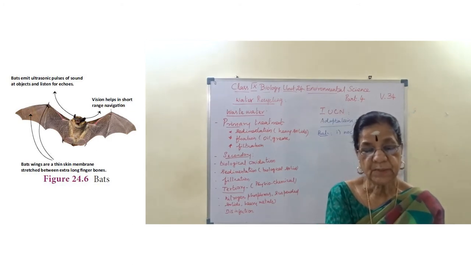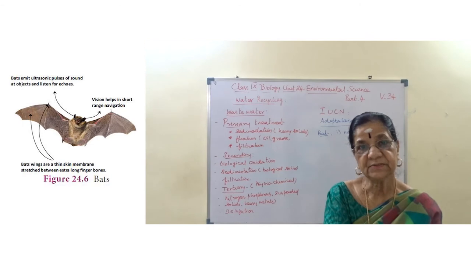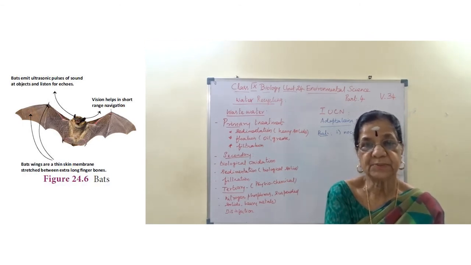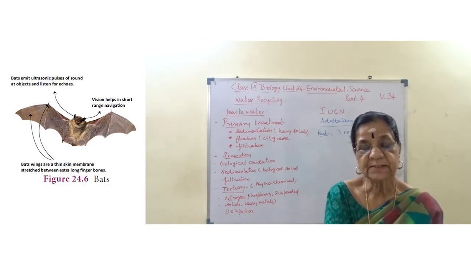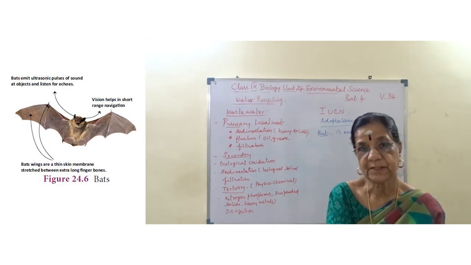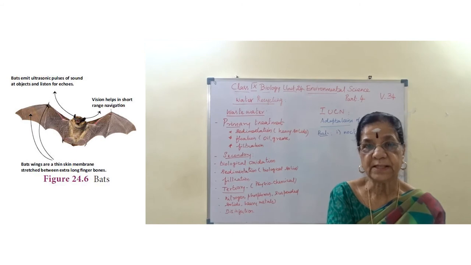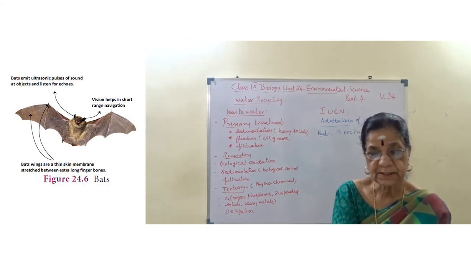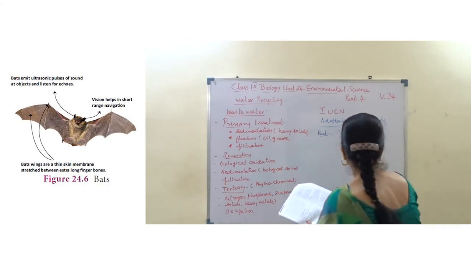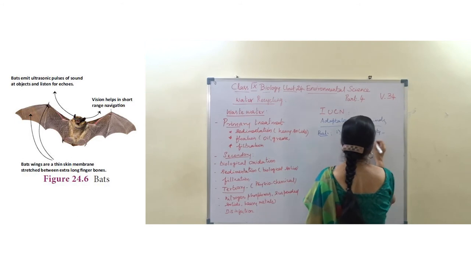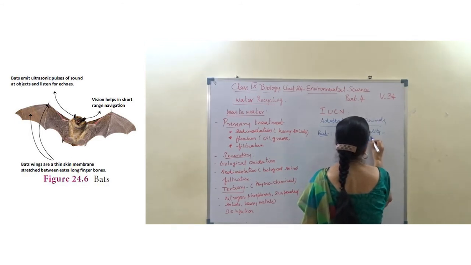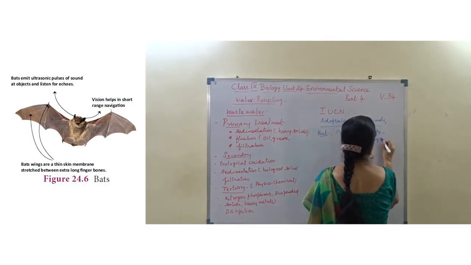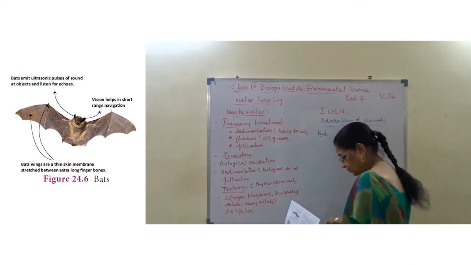Right? So the bats are active at night, which is a useful adaptation because flight requires a lot of energy during day. Right? And to fly, it is having a spread of wings, a thin membrane that is known as patagium. Having a thin membranous wing called patagium.